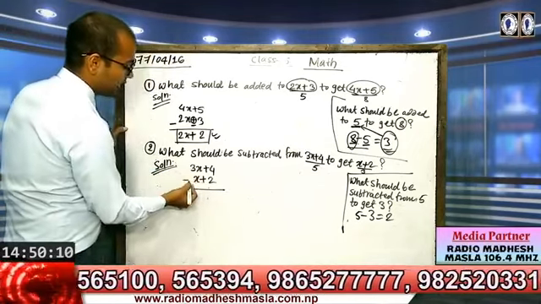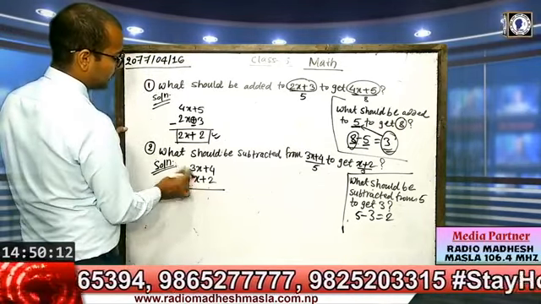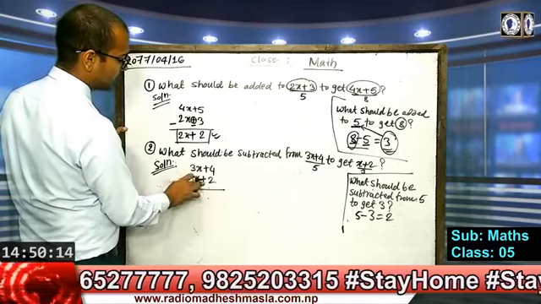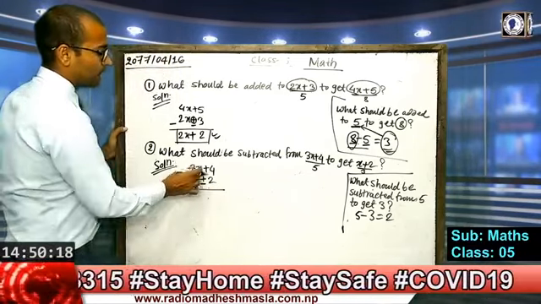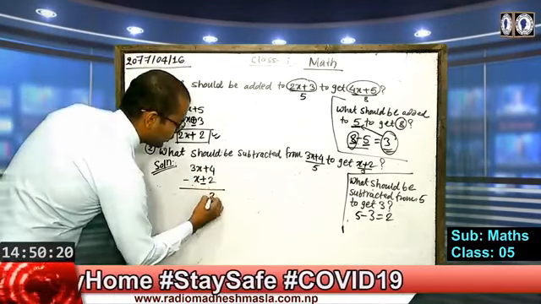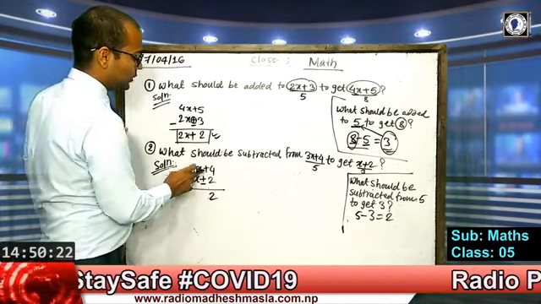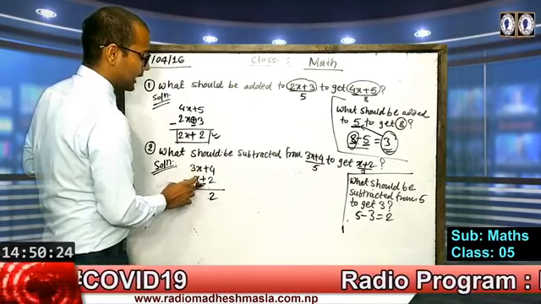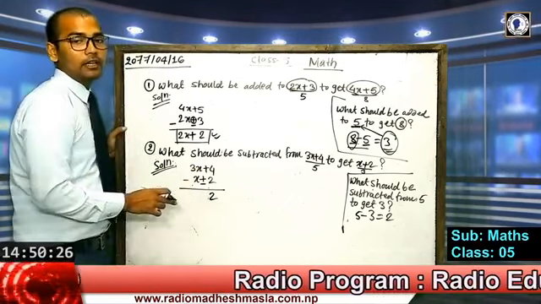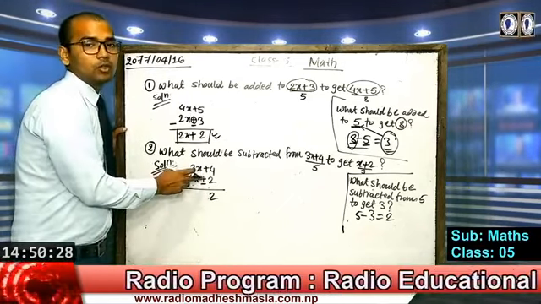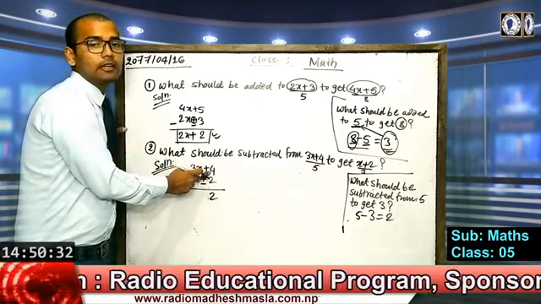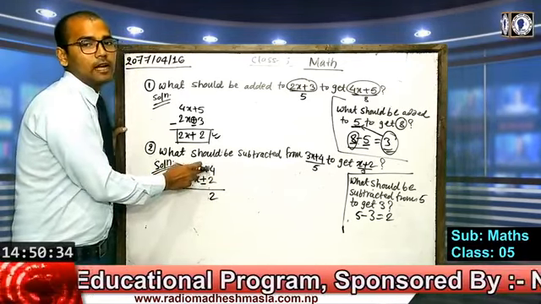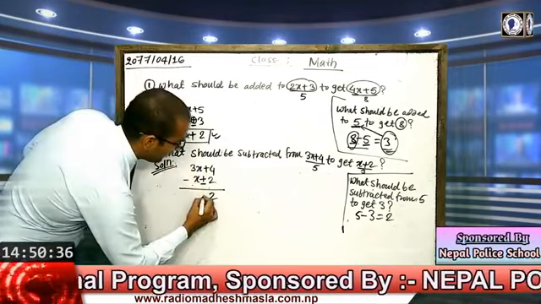Where there is no sign, it is plus, and it changes into minus. Then 4 minus 2 is equal to 2, and here we also compare the signs. Which one is greater? For that we compare the numbers. 4 is greater than 2, so the sign would also be plus.